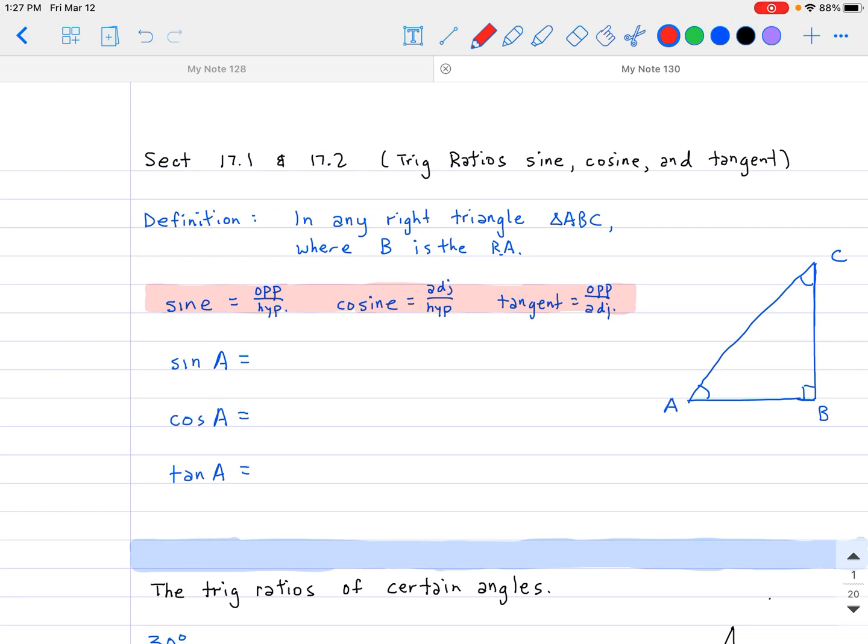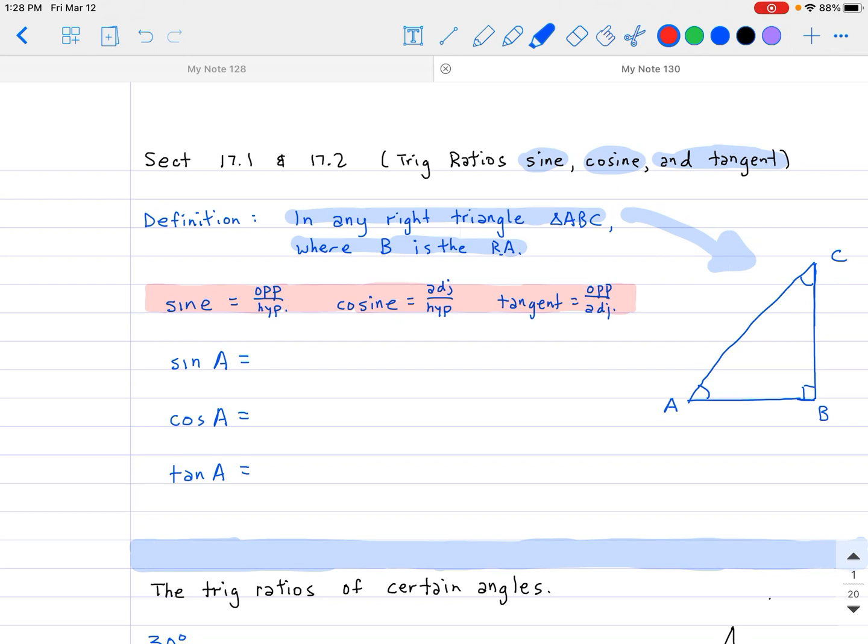First, we have to define a few terms that are essential for trigonometry. These are known as the trig ratios: sine, cosine, and tangent. If you have any right triangle, we'll call it A, B, and C, as illustrated on the right hand side, where B is my right angle.